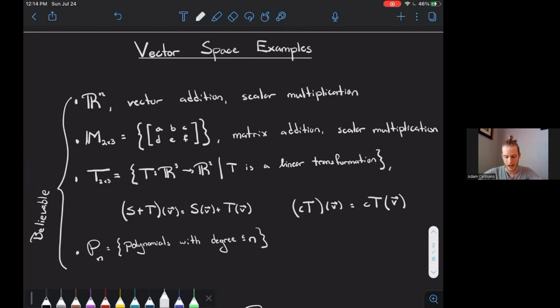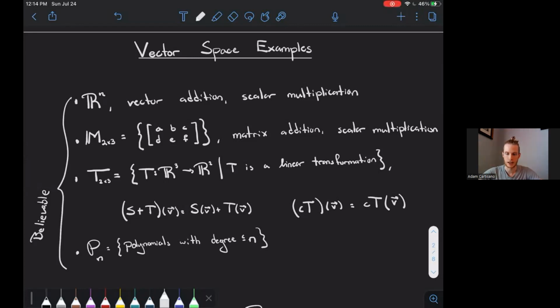Now let's take a look at this M23 thing. This is the space of 2 by 3 matrices. Matrix addition is the addition that we're talking about. And we saw this as an example in like chapter 2 or something like that, where you can do linear combinations of matrices, and you can scale matrices by multiplying them by a number.